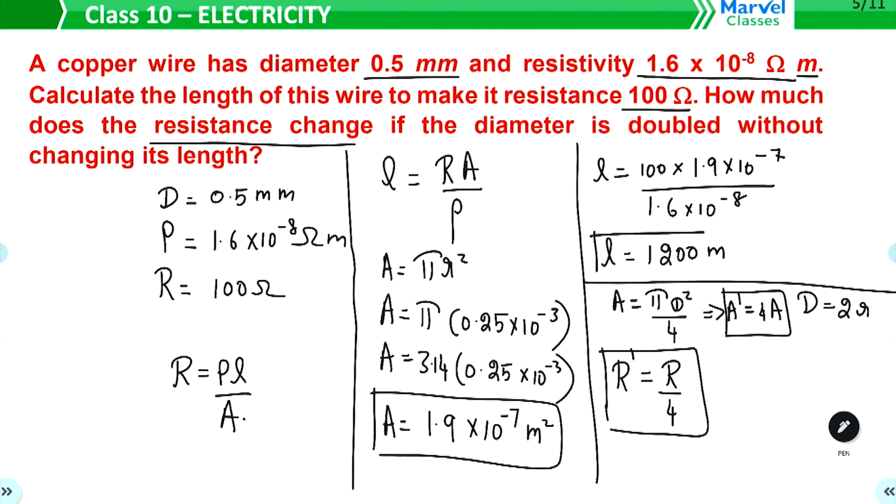This was the initial length and this was the resistance that we had. Since I am doubling the diameter, my resistance is reduced by 4. So 100 by 4 is 25 ohms. This will be the resistance of my wire if my diameter is doubled.